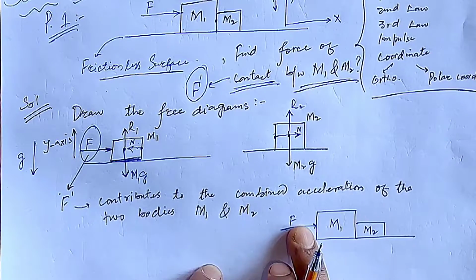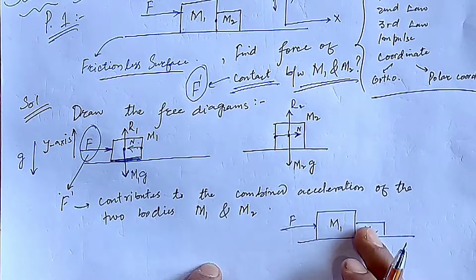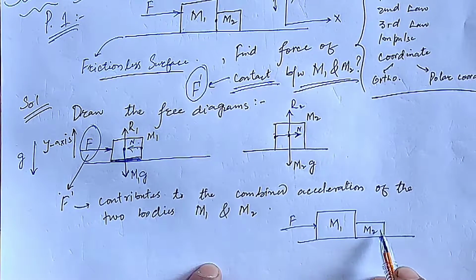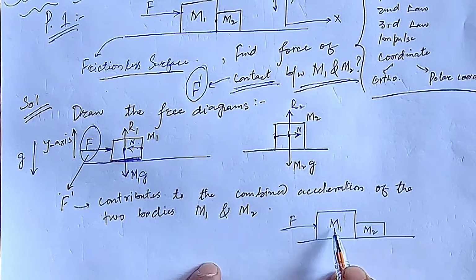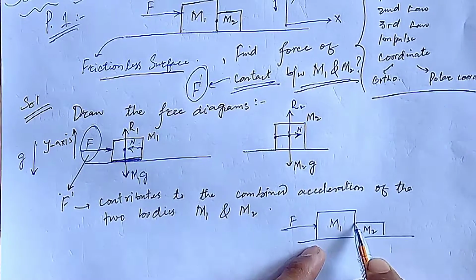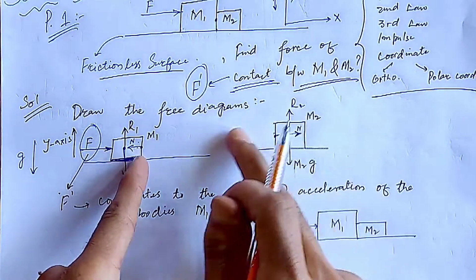Only this force contributes to the acceleration, because if this force acts on m2, that will result in the motion of m2, and on m1, that will result in the motion of m2 also, because these are in contact, and all other forces are cancelled out.